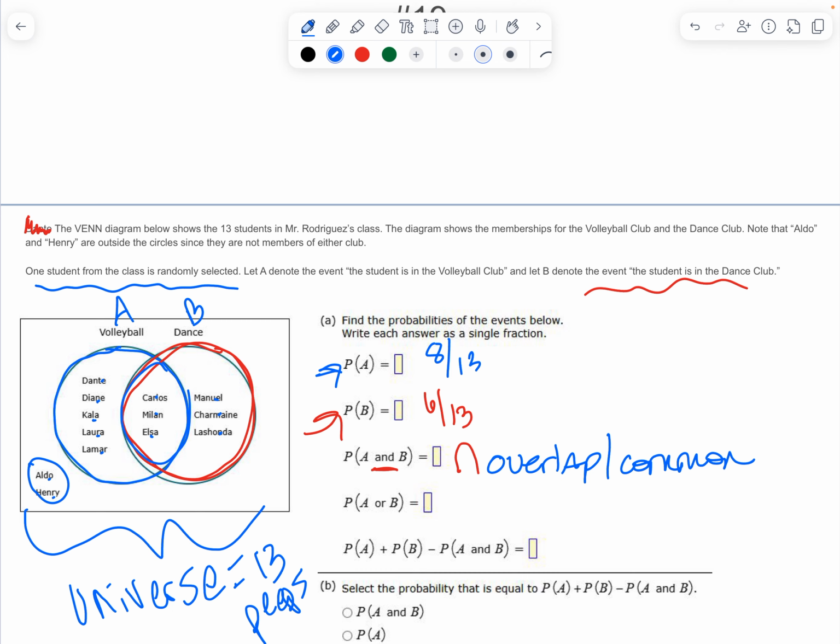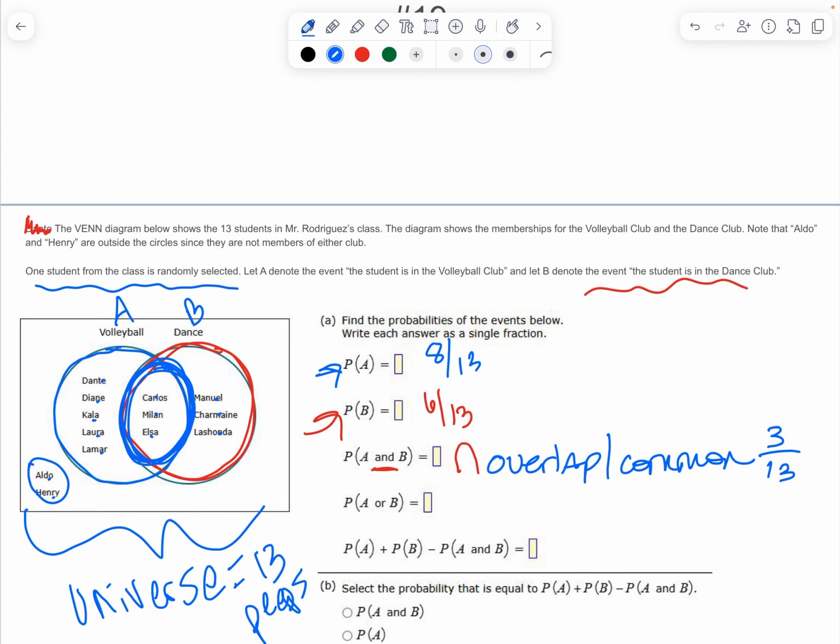What's in common is right here. That's the overlap between volleyball and dance. I see Carlos, Milan, and Elsa live there. So that means there are 3 chances out of 13 that you would pick someone who belongs in both volleyball and dance.